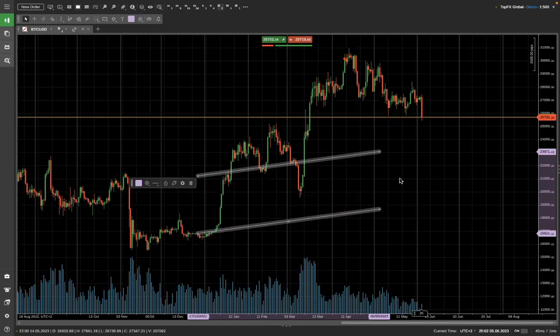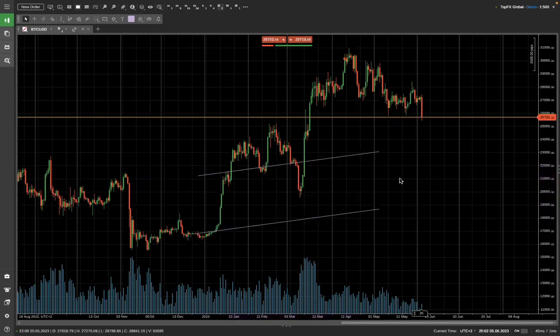So what actually does it mean, equidistant channel? The equidistant price channel is formed when price movement finds support and resistance between two parallel trend lines.